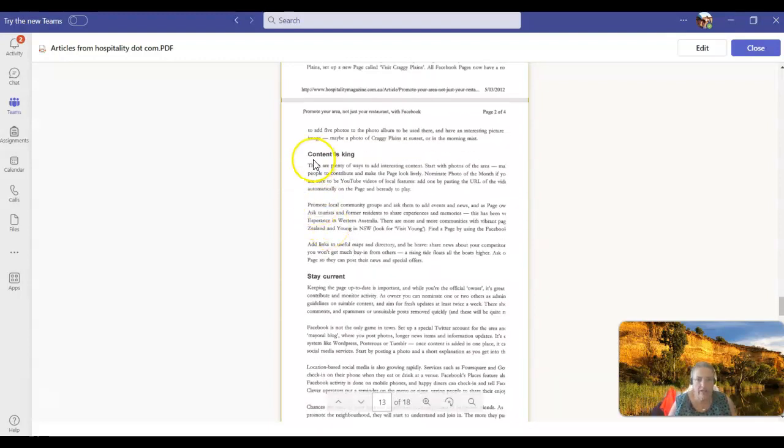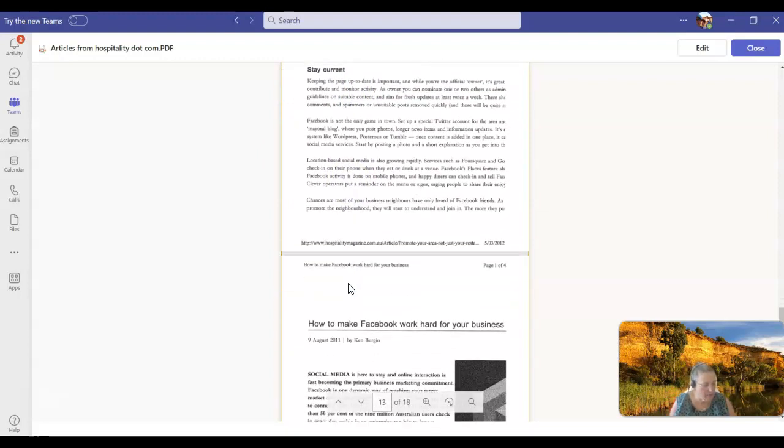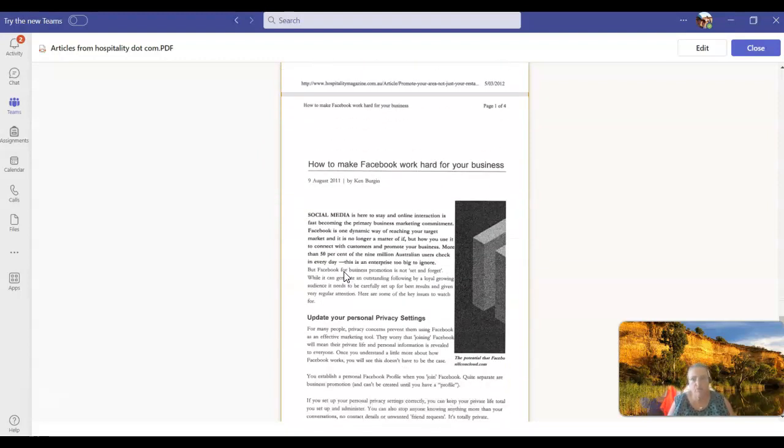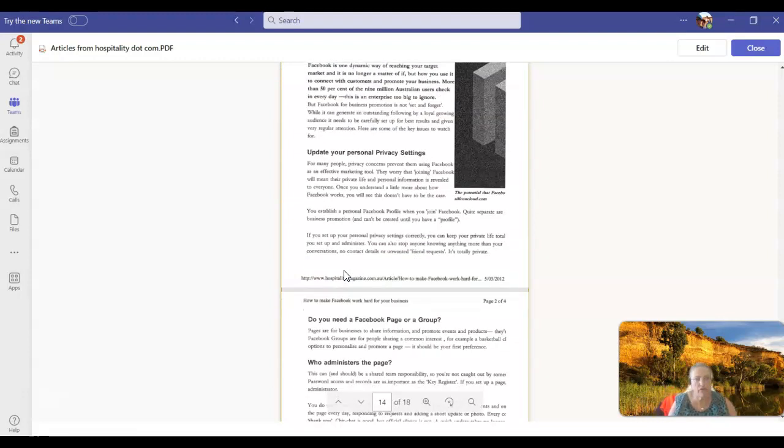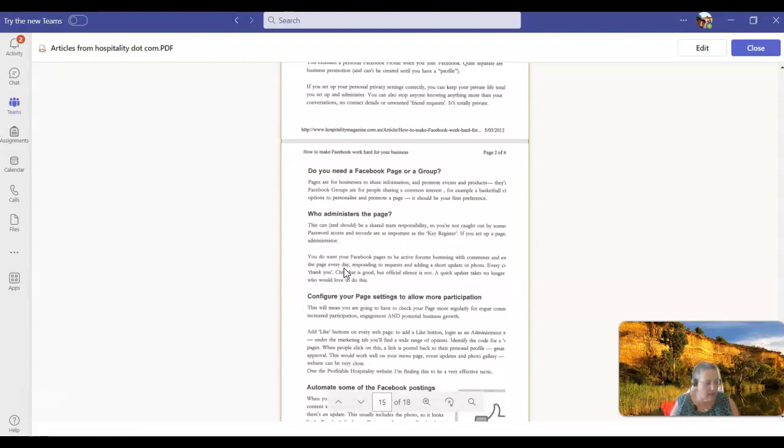We've also got some things like, you need to remember that when it comes to social media posting, content is king, with some reasons for that, the need to stay current, etc. How to make Facebook work for your business. There are a few different points on here that could be used as recommendations within your investigation. So things like, do you actually need a Facebook page, or do you need a group instead?